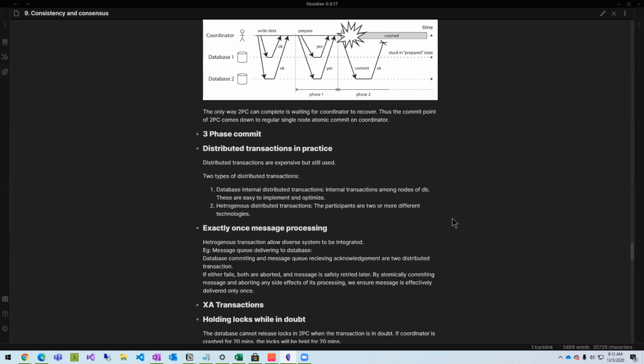But most of the time, you will be able to find an easier alternative. In my case, I wanted to get the message from the queue and write it to the database. So what we did, instead of a distributed transaction, was just make the writes idempotent. Even if you process a message multiple times, the database is going to decline the message because there are keys on that. So it was a very simple solution.